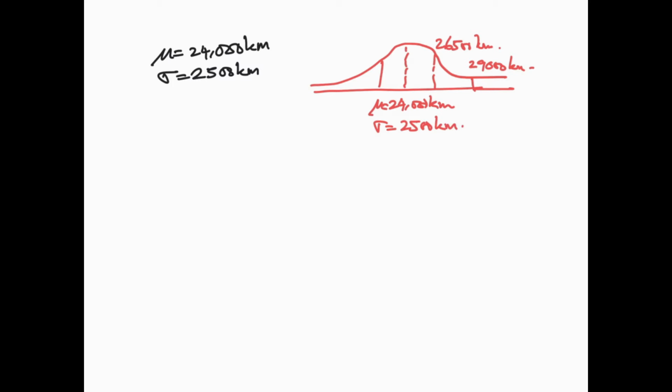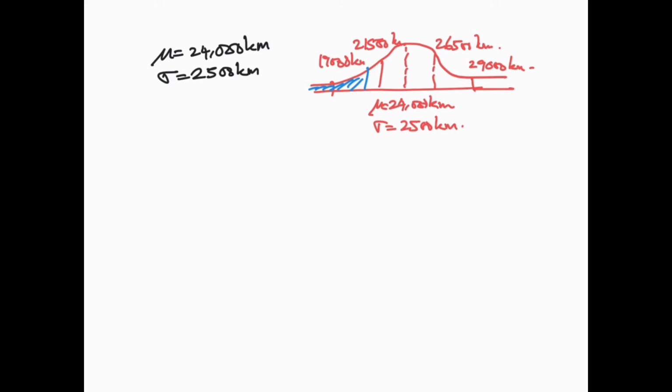Over here, one standard deviation below will give us 21,500 km, and then 19,000 km. So 20,000 should be somewhere here, roughly. So find the z score, and then the rest is the same method.